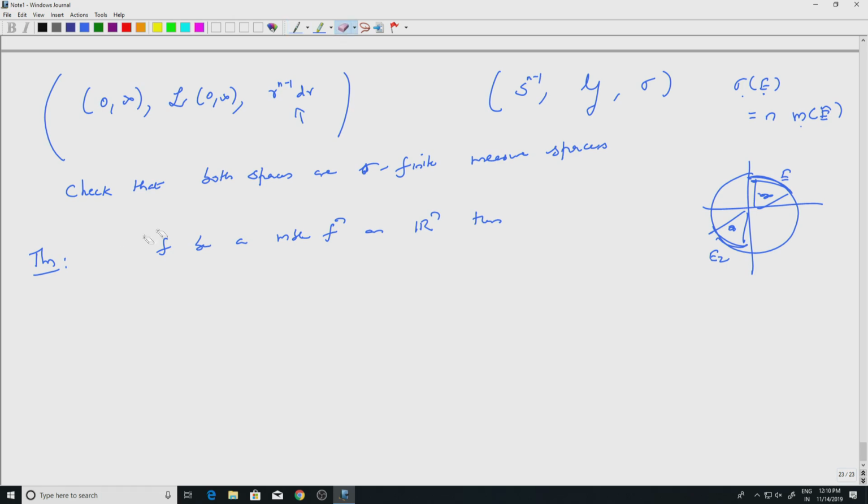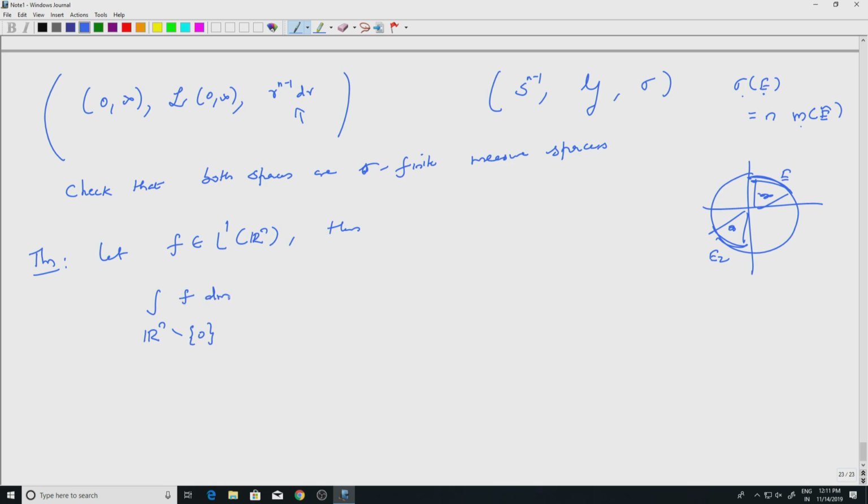So maybe let's put the assumption clearly: let f belong to L1 of Rn. Then the integral over Rn, well, Rn minus 0 strictly speaking, but the integral over Rn and over Rn minus 0 are the same, right? Because the point 0 has measure 0.